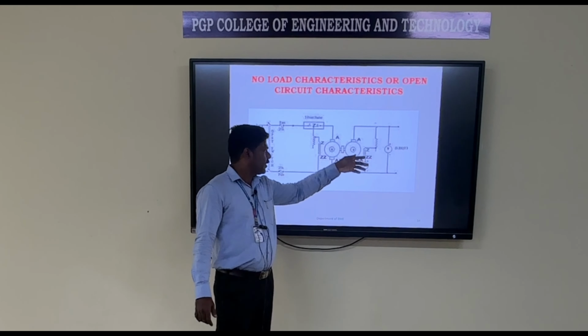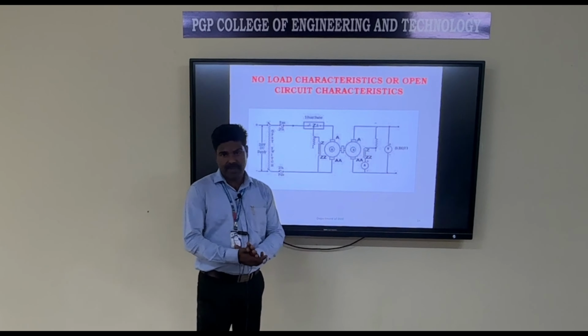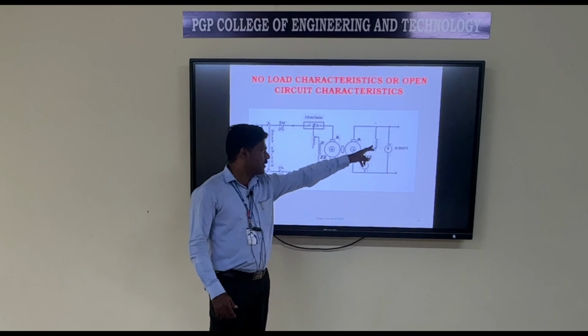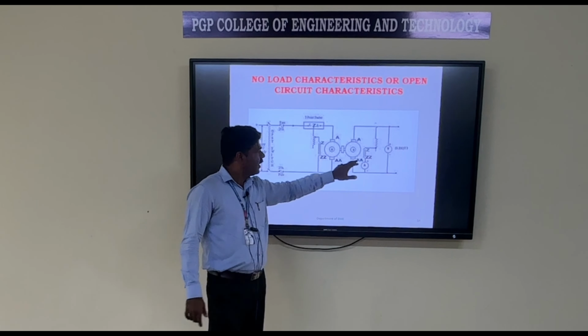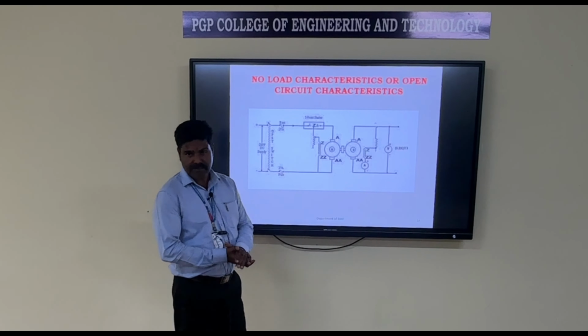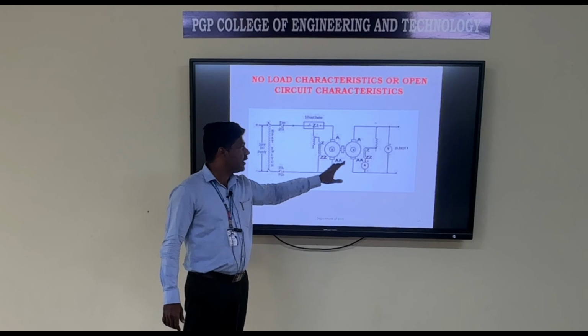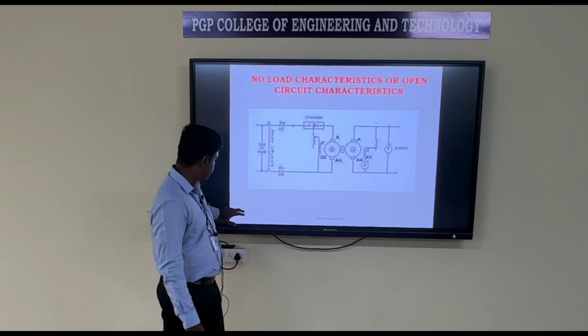Here in this circuit diagram, we are inserting one variable resistance that is connected in series with the field winding. By varying this resistance, we can get various values of field current and induced EMF at no load. Therefore, the graph plotted between induced EMF at no load against field current is known as open circuit characteristics.